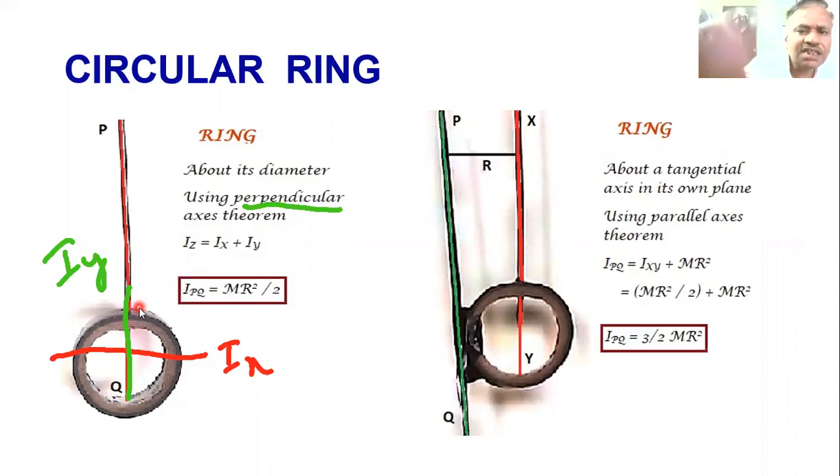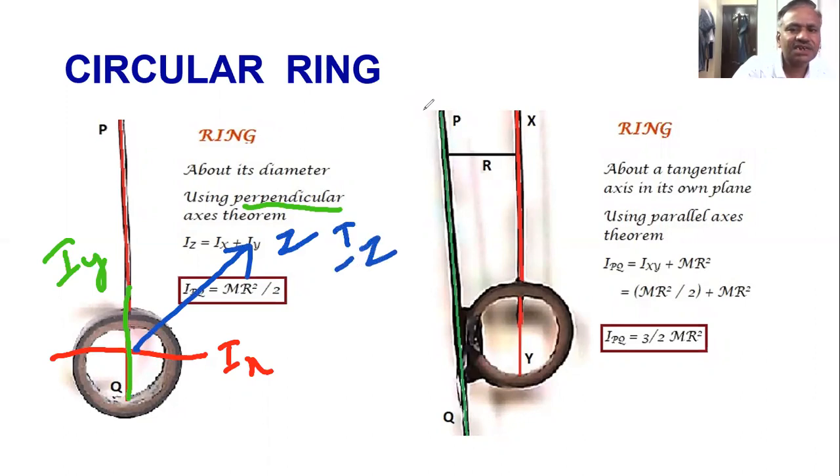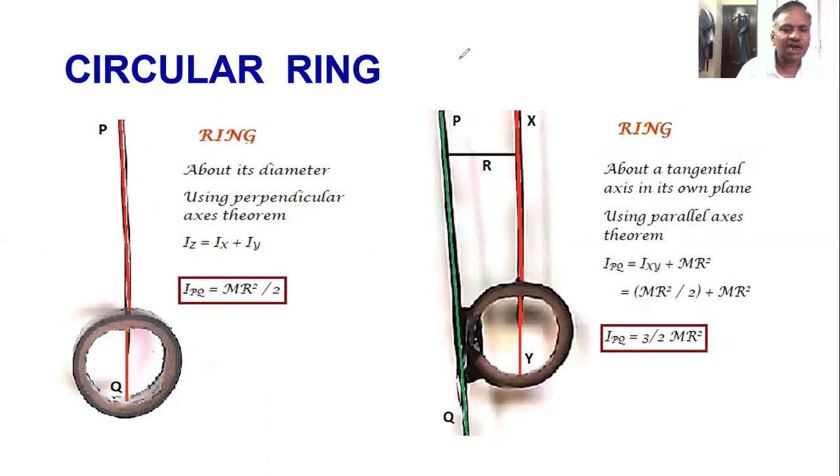Iz is another axis which is perpendicular to both Ix and Iy. This is the z axis. Now, what is the formula? Iz equal to Ix plus Iy.